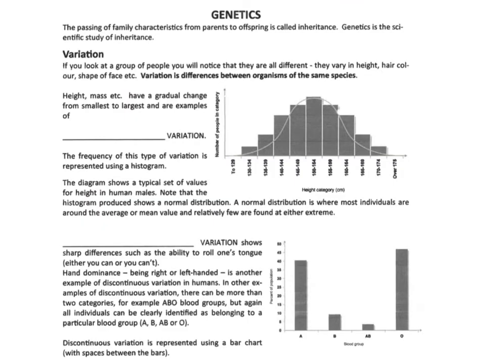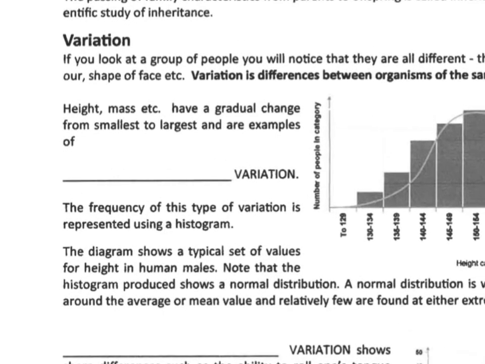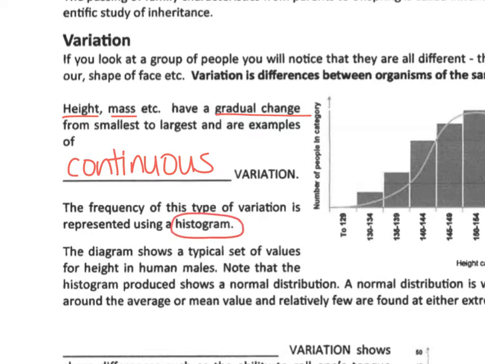So let's go back to our notes. And the first type of variation, we're thinking of things like height and mass, gradual change. They're examples of continuous variation. Histogram, no spaces.